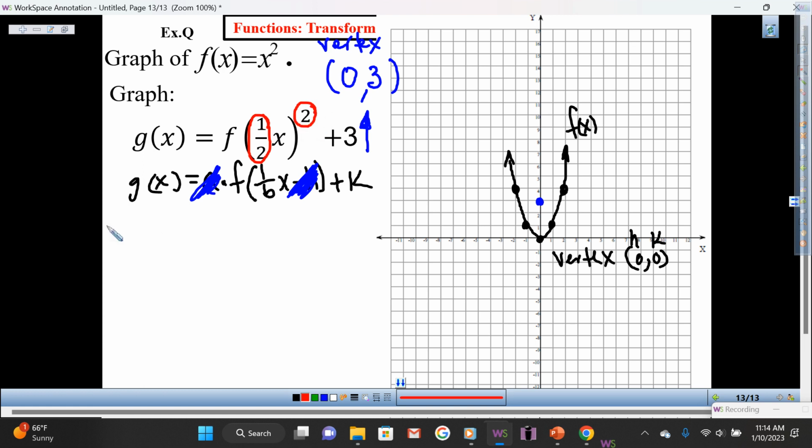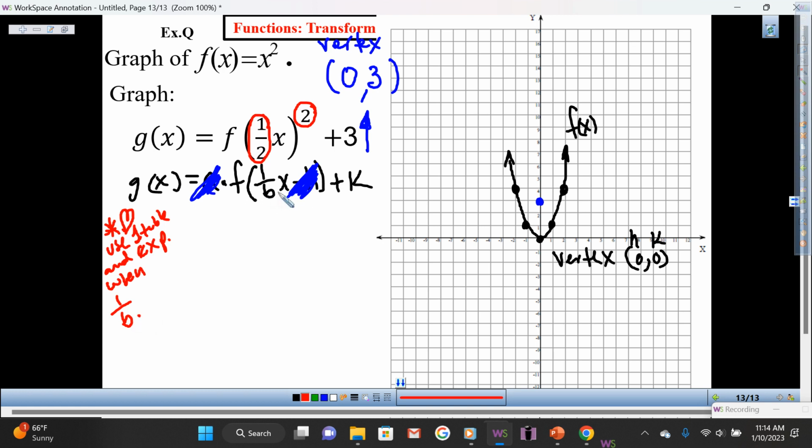Let's make a note over here on the side. Asterisk, heart, use one table and exponent when 1 over b. When you have a number multiplying x, that's what 1 over b means, right?